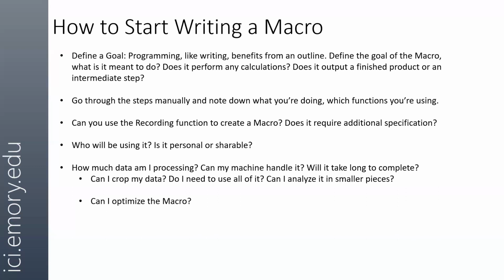Maybe I'll calculate bits independently and then combine the results at the very end, because that's the only way I can look at it on my system. Again, this won't be a concern today, but it is something that you should keep in mind as you go forward in writing macros and developing your understanding of them.